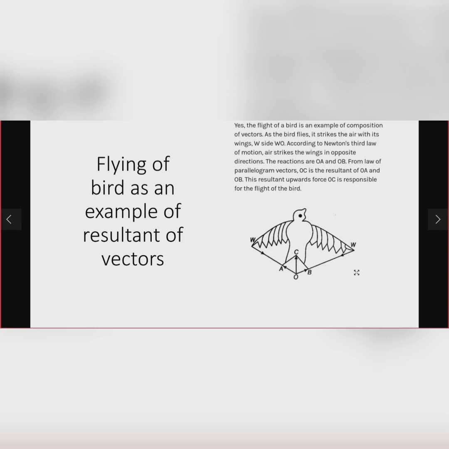OA vector is the result of flapping of wings. Similarly, OB vector is the result of flapping of wings. So when the bird is flapping its wings, there are two vectors which again give you a single vector, which is the resultant vector that acts on the body of the bird.